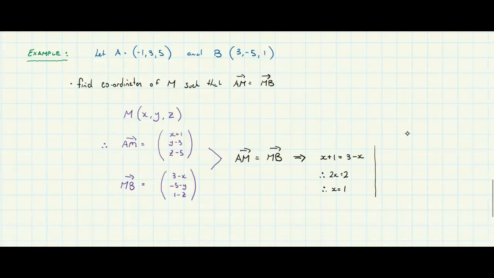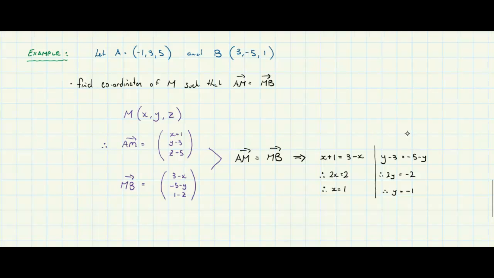We also get that Y minus 3 must be equal to negative 5 minus Y. So therefore 2Y is equal to negative 2. And therefore Y is equal to negative 1.